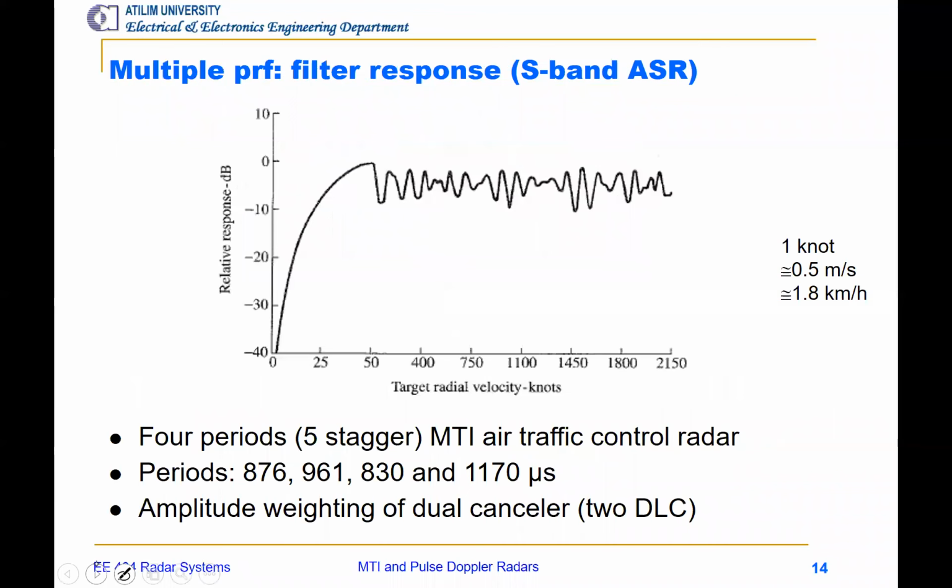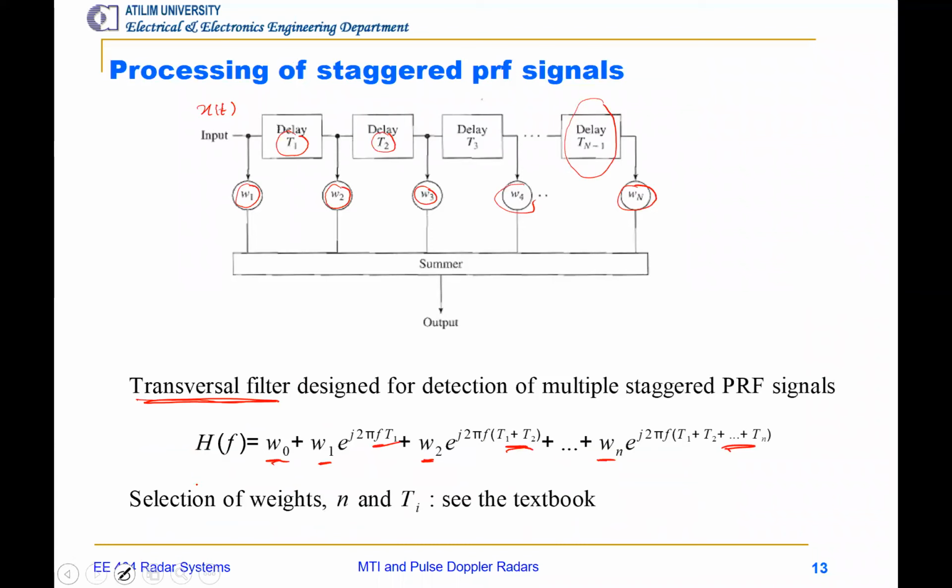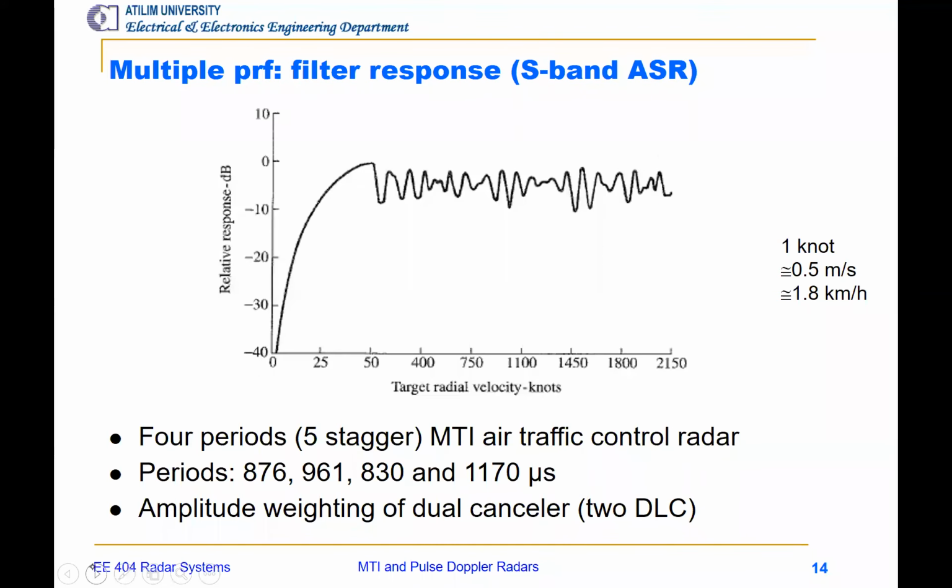Okay, here is a filter response, a more realistic transfer function. This is 4 periods, so 5 staggers. By the way, here, stagger number and periods are different. We have to be careful here. Let's show it.